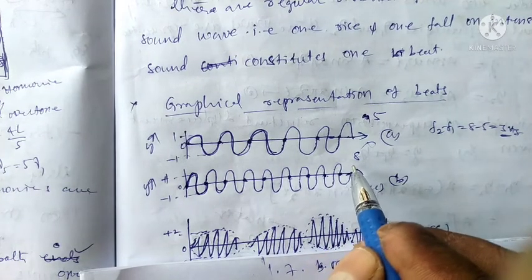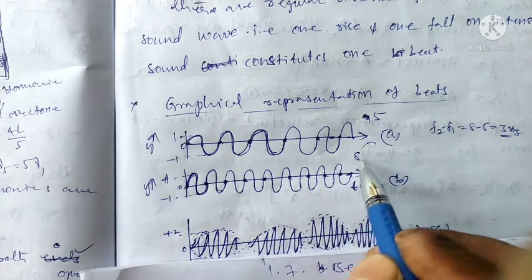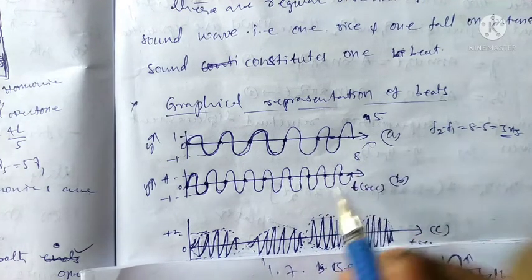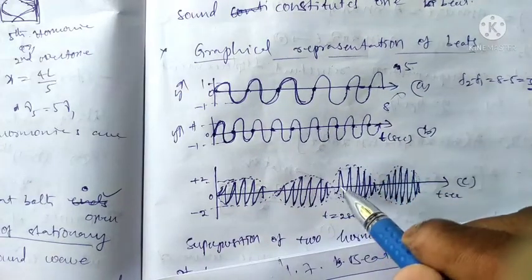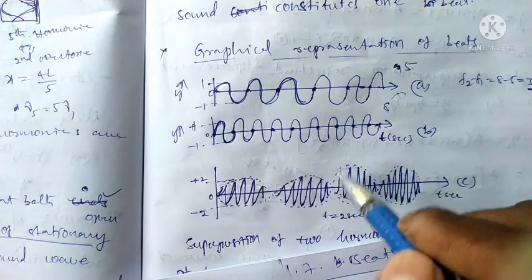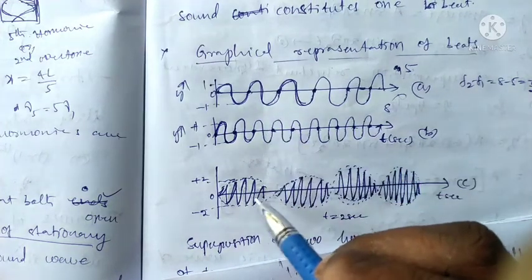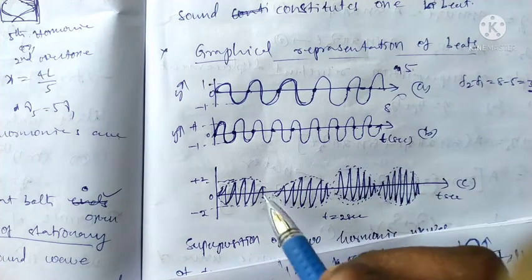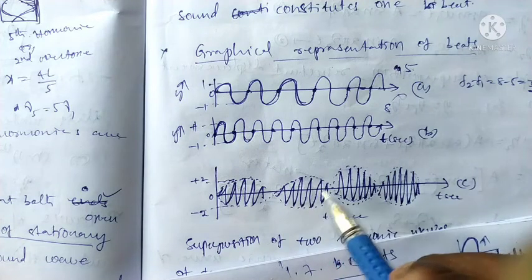We can then form the resultant displacement, the resultant wave of the two waves, like this. This combination of waves gives this resultant wave.